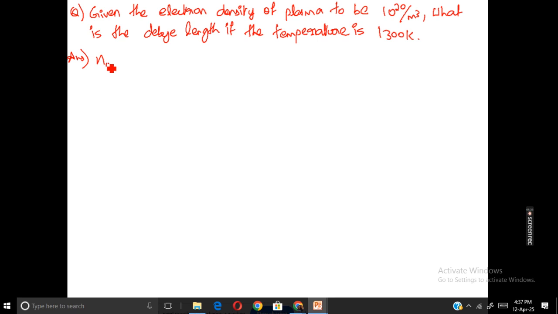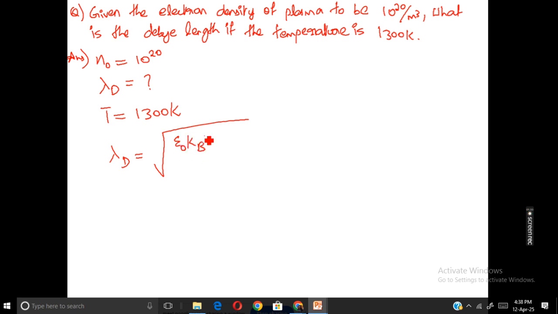Electron density is given as 10 raised to 20. Debye length we need to calculate. Temperature is given as 1300. We know Debye length is given by root of epsilon 0 kBT by n e square.